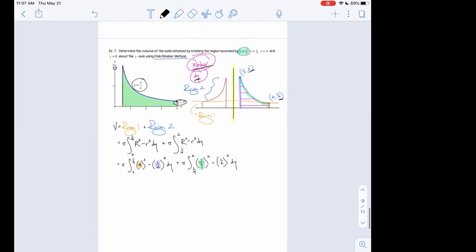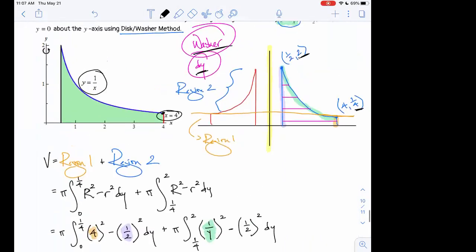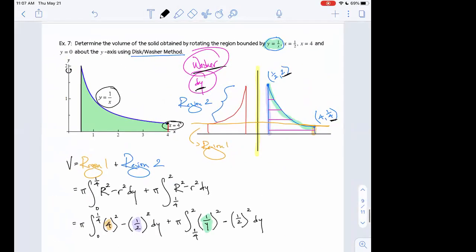So on your own time, feel free to confirm that your answer from example 7 is also 7 pi. But I did want to talk through this setup and just have you understand that, like, yeah, disk and washer method, sometimes disk method is way easier, but on the other side of that reasoning, sometimes shell method is easier, okay? So definitely a tool worth investing in.